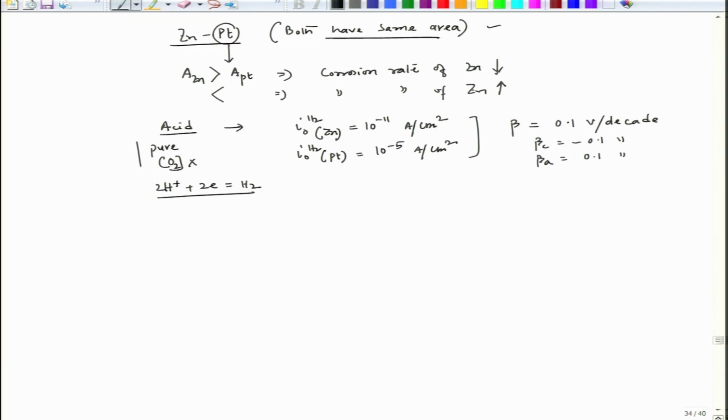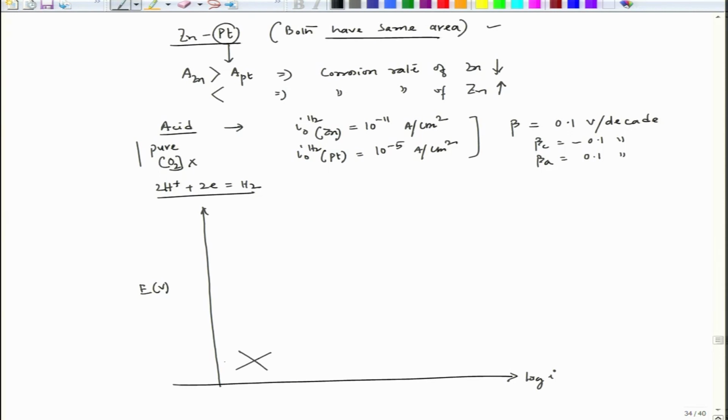Now, we have to see the effect of that galvanic coupling as well as the effect of that exchange current density. Now, let us draw E versus log I. We will have zinc equilibrium and I0 zinc over the zinc surface.